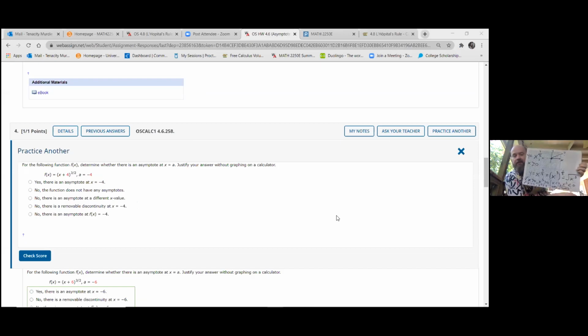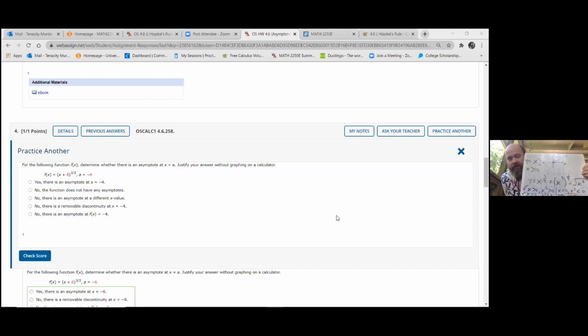Is that going to break the function? It doesn't even cause the function to have any issue there as far as its limits go. And so at that value, a equals -4, I don't see that there is an asymptote.